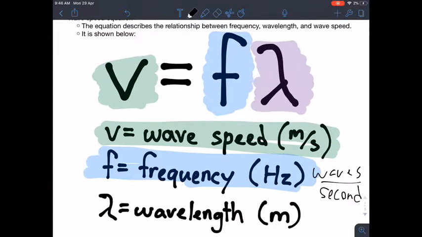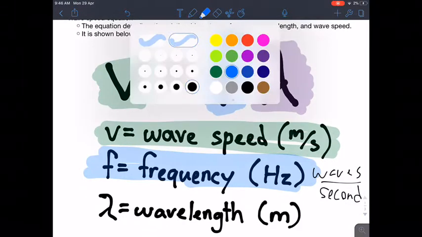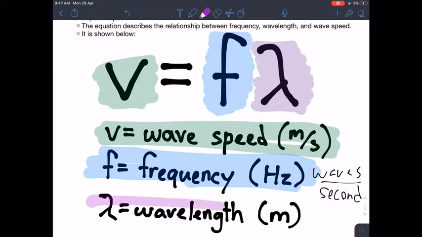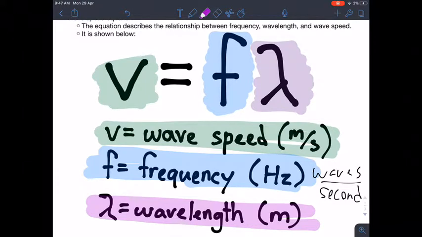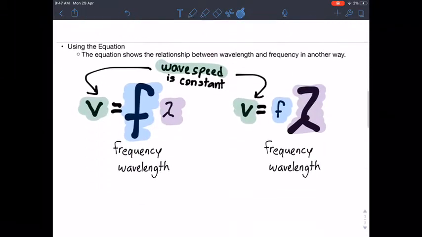And then lastly, here in purple, we have this weird symbol. This weird symbol is the Greek letter lambda. You can say it however you'd like. Lambda represents wavelength, and wavelength is measured in meters.